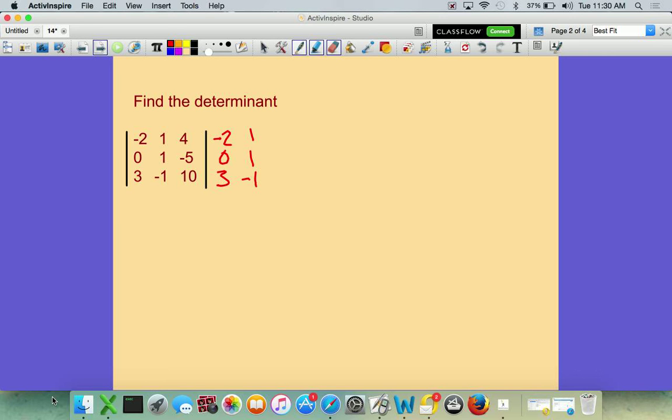Now, on the last one, 2 by 2, it was just down minus up. Well, for 3 by 3, it's the same thing, but we're going to take all of our down ones. So we're going to take this first one, and this second one, and this third one. What we're going to do with that is our first diagonal, we're going to multiply all of these together. And our second one, we're going to multiply them all together.